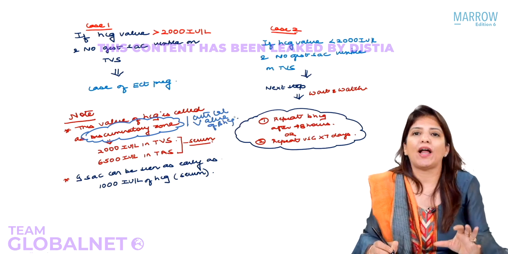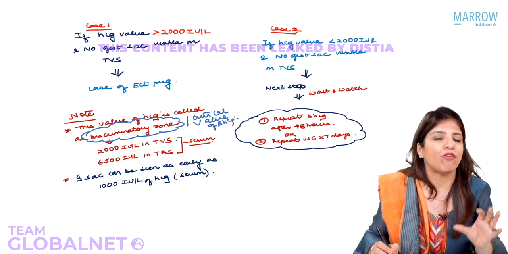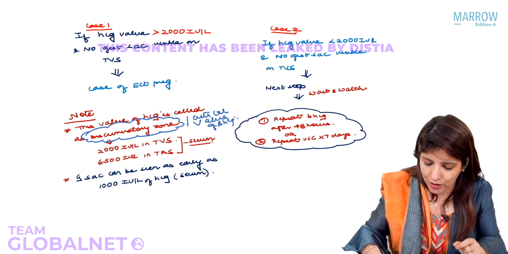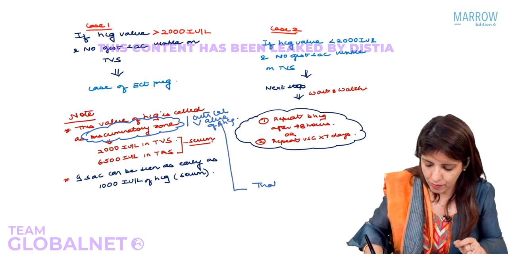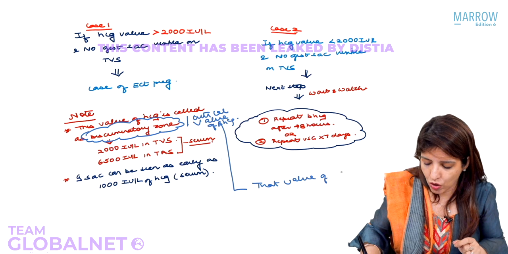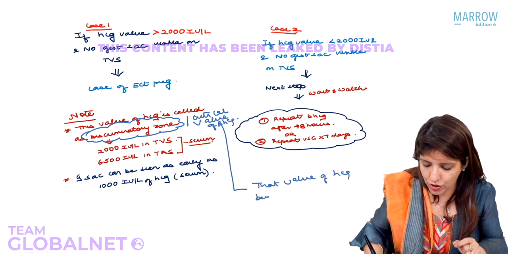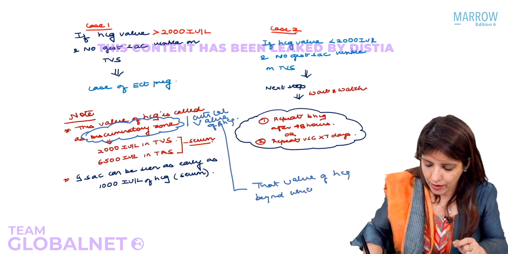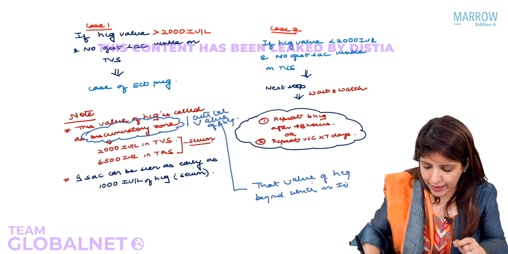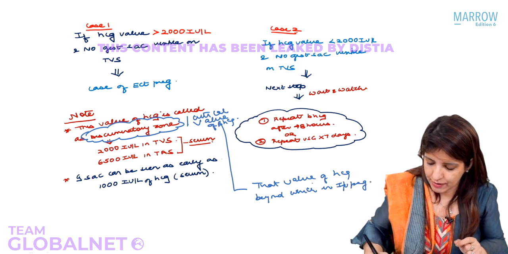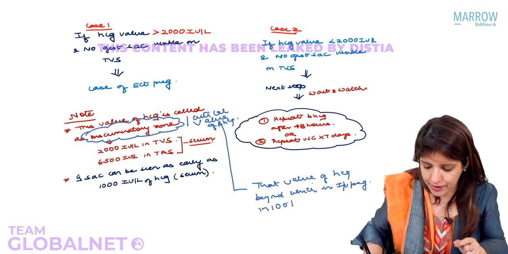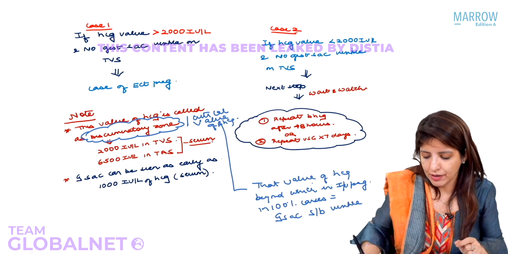The critical value of beta HCG is defined as that value of HCG beyond which, in intrauterine pregnancy, in 100% of cases, the gestational sac should be visible, right?